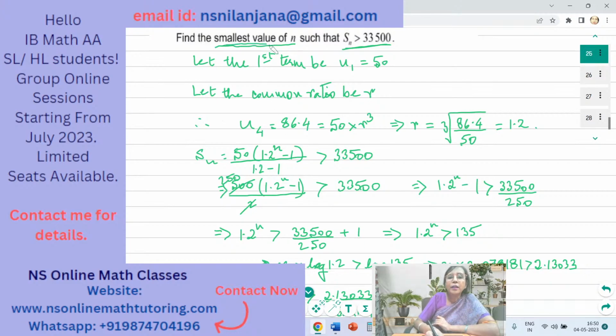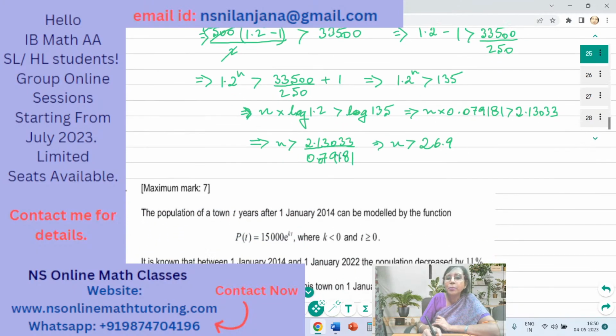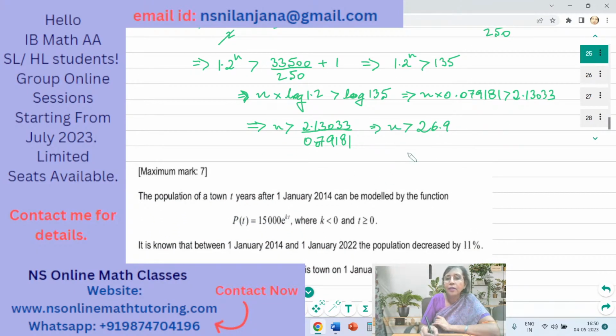We are seeing that n should be greater than 26.9. So the smallest positive integer value that can be assigned to n will be 27, because n can have a value of 28, 29, 27,000, anything. But the smallest positive integer that can be assigned to n is 27. So n is equal to 27.